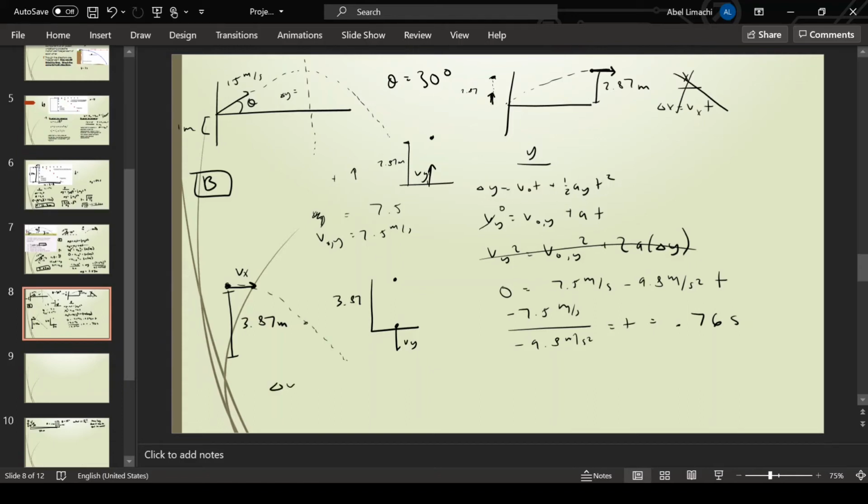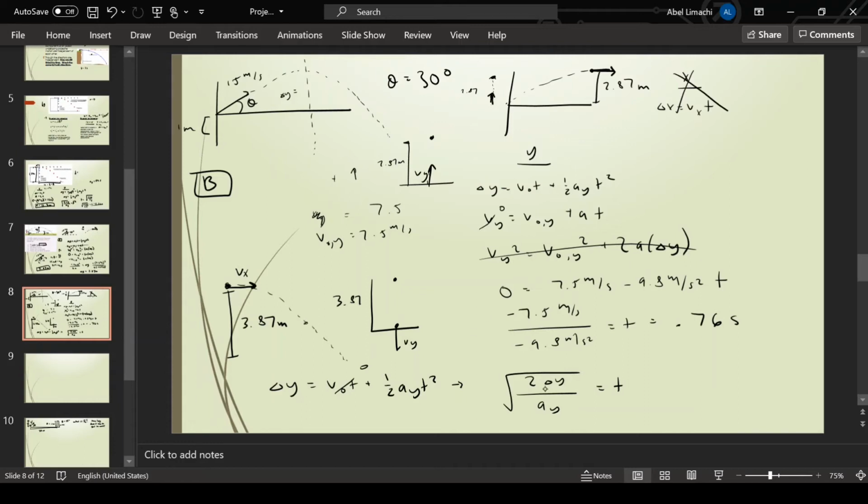You're going to get this delta y equals V initial t plus 1/2 ay t squared. But the V initial in the y direction is 0. So this zeroes out. Now we have this same situation as we had earlier, which leads us to the square root of 2 delta y over ay equals t.